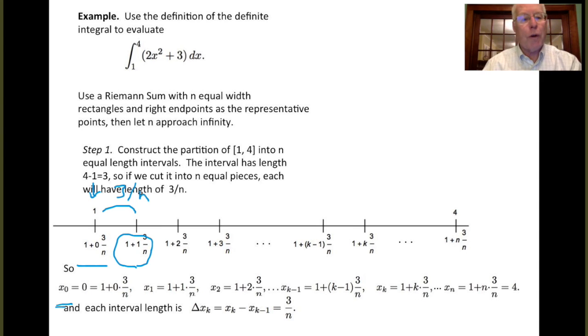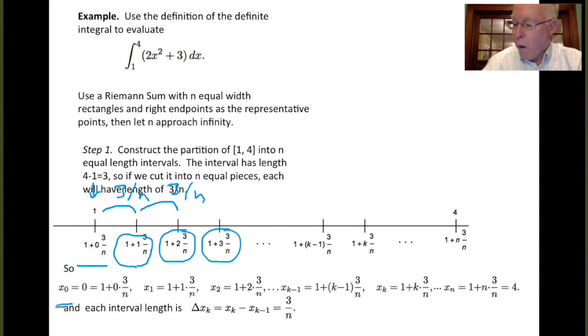This first partition point has coordinate 1 plus 3 over n, but I've written this as 1 plus 1 times 3 over n. I now move 3 over n to the right again. This is my second interval. It has the same length of 3 over n. And if I add 3 over n again to move to the right by that much, I'm now at the point 1 plus 2 times 3 over n. And after that is 1 plus 3 times 3 over n.